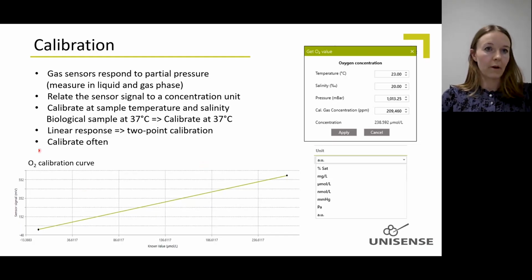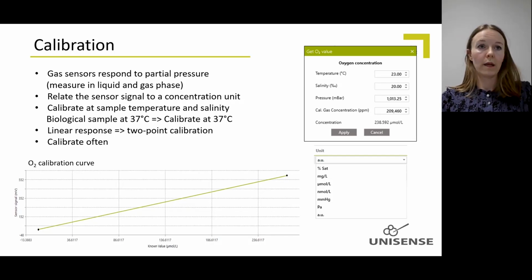Here is an example of an oxygen calibration curve where we have a 0 point where we measure it in a solution without oxygen, and then we have a known concentration of oxygen up here. In the software, you find this concentration table, and it calculates the concentration of the desired gas at a certain temperature, salinity, and pressure. And we always recommend that you do the calibration before you start a new experiment.